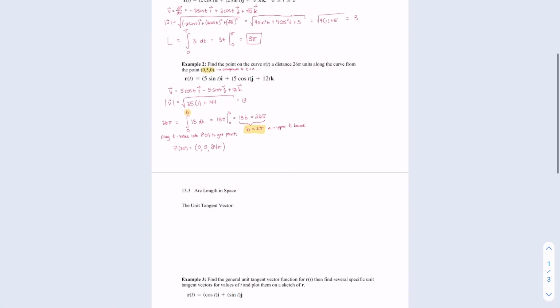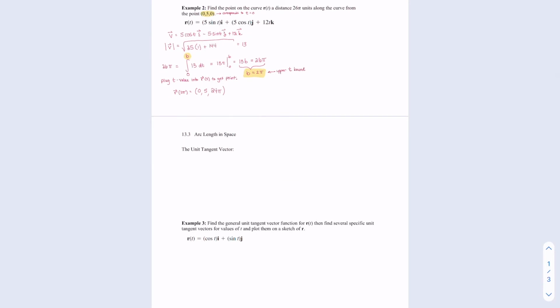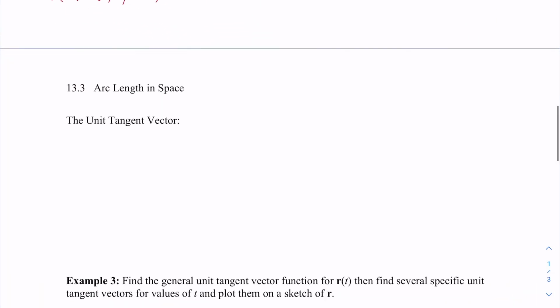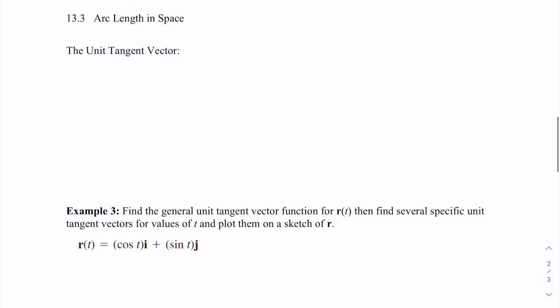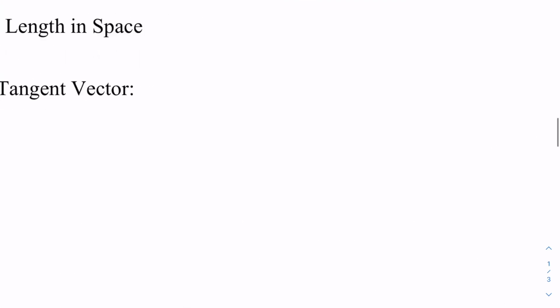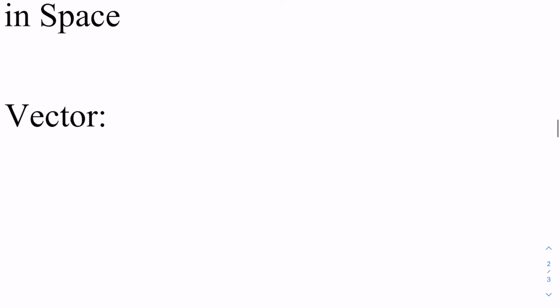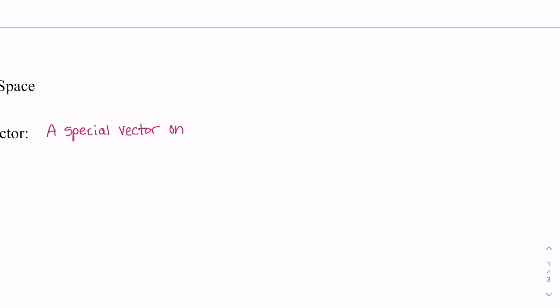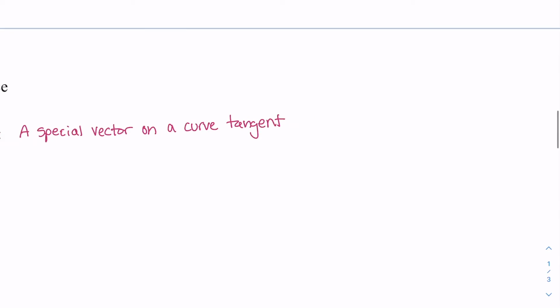So that's kind of everything about arc length. The other topic covered in this section is an idea called the unit tangent vector. And so the unit tangent vector is kind of a special vector. It's a special vector on a curve tangent to it.